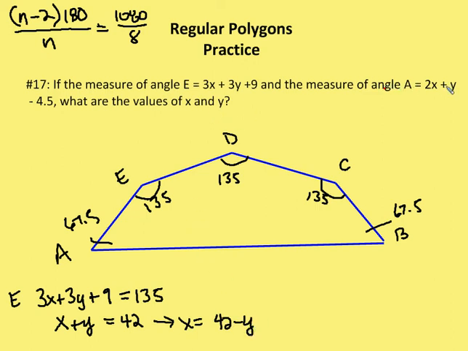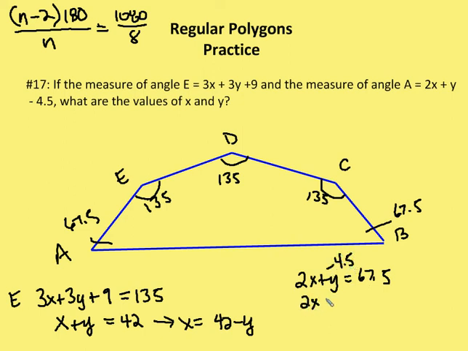Now, we know that the measure of angle A is equal to 2x plus y, and we know the measure of angle A is equal to 67.5 degrees. So I have 2x plus y is equal to 67.5. Oh, I'm sorry, minus 4.5. I don't want to make these mistakes here.